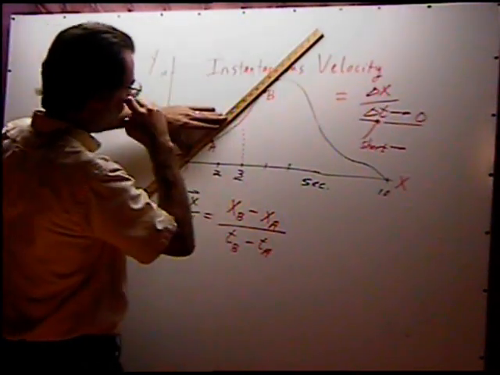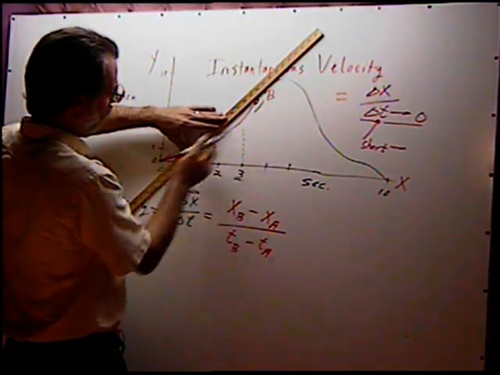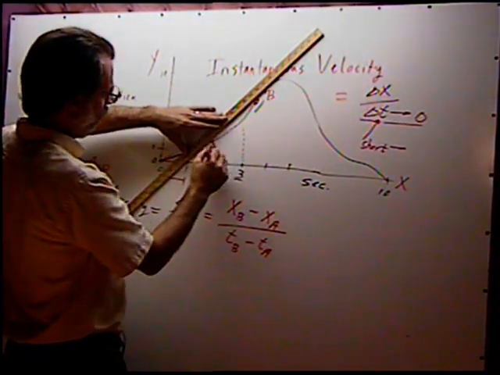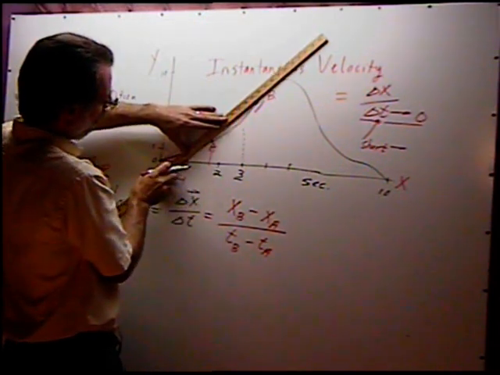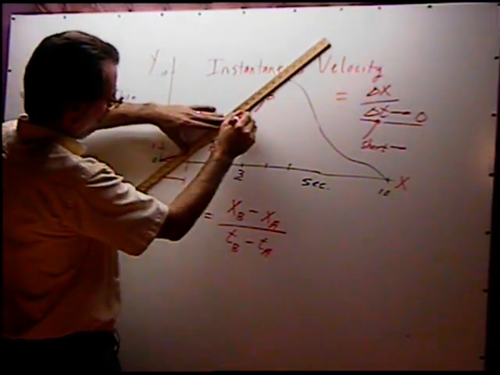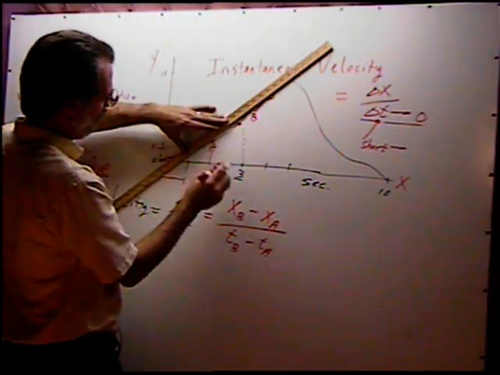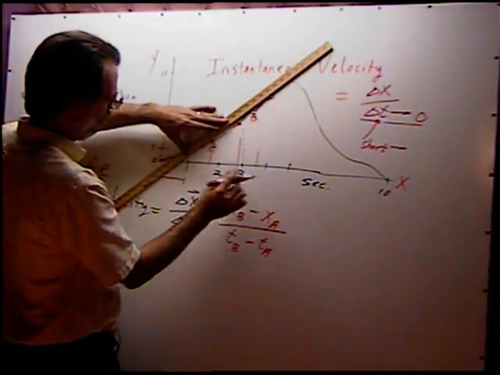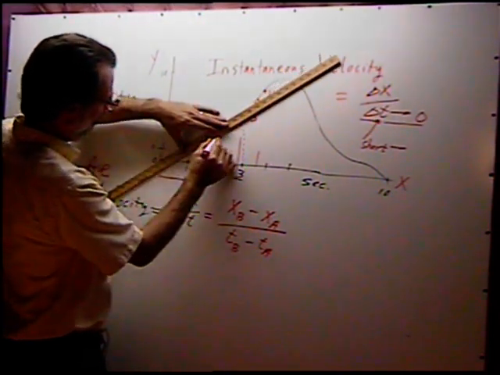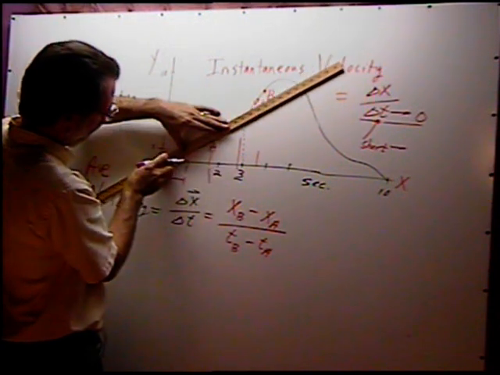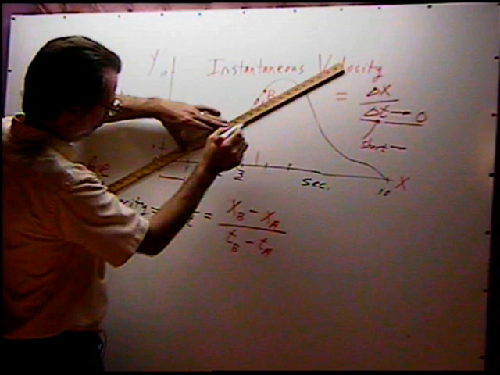Now, notice what happens as I slide the B position down. If I make the time interval shorter, my slope gets smaller. I make the time interval get shorter and shorter and shorter. And when I get it so close to A that it's virtually right next to A, what do I have from a slope point of view? I have a tangent.